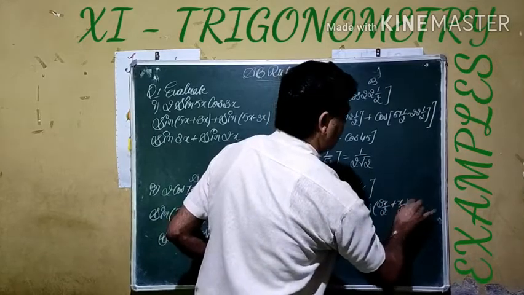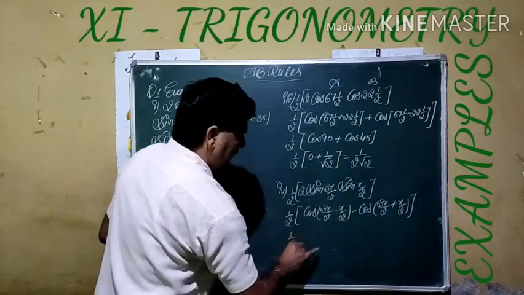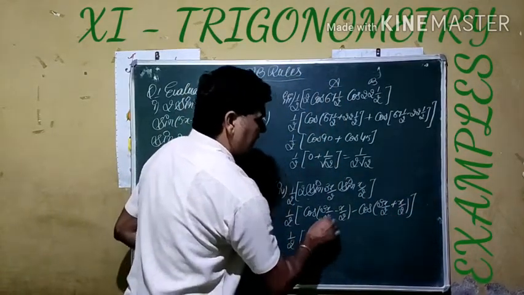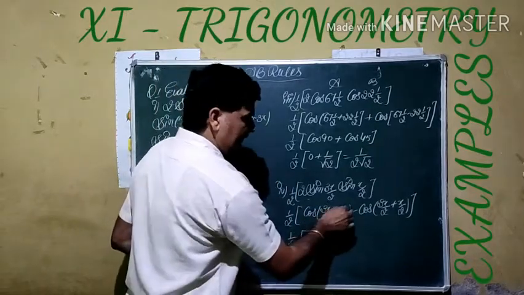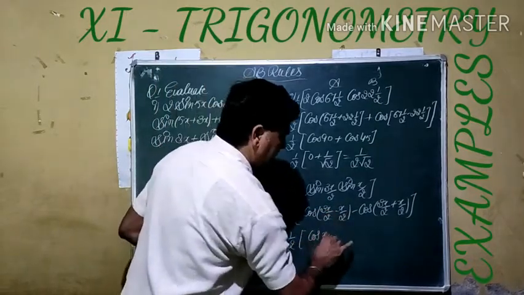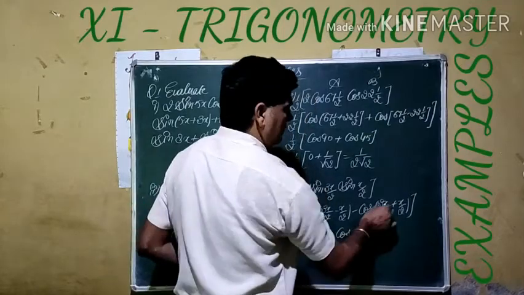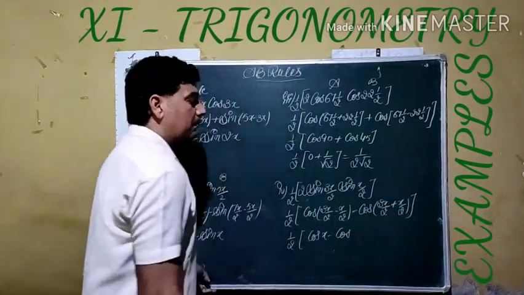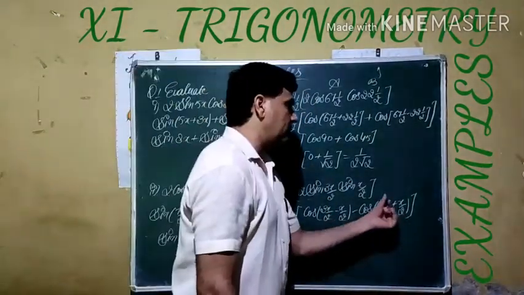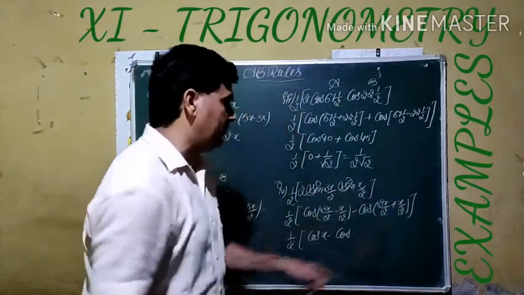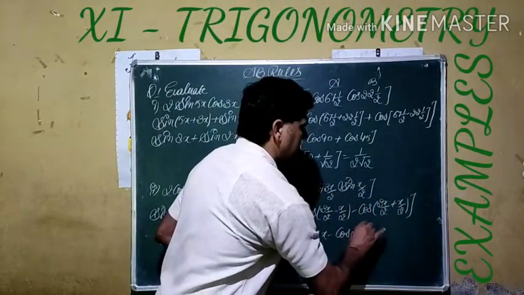If we simplify these values, by LCM 2 we get cos of 3x minus x, 2x divided by 2, it becomes x, minus cos of 3x plus x, 4x divided by 2, it becomes 2x.